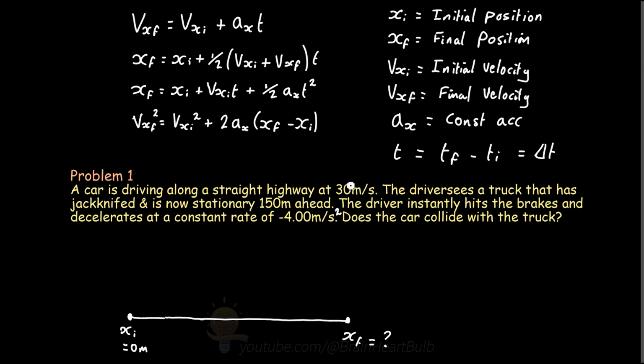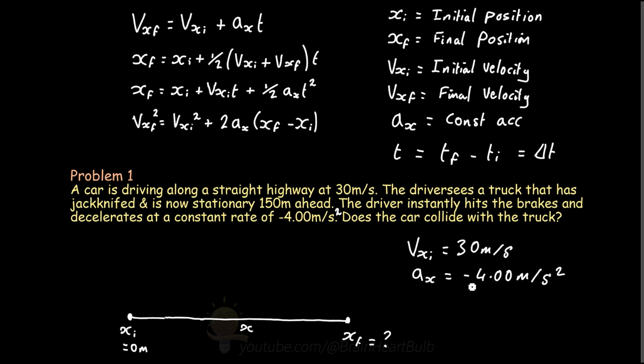We know that our initial velocity is 30 meters per second. So we got vxi is equal to 30 meters per second. We know that our deceleration as we start to brake, or in other words, our acceleration along the x-axis, and we'll call this the x-axis, is equal to minus 4.00 meters per second squared.